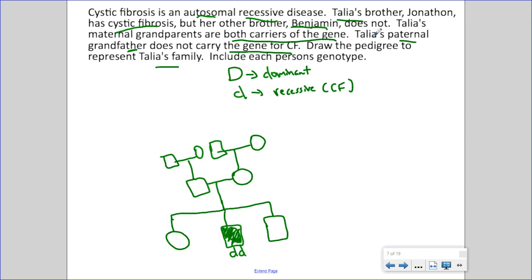We are also told Talia's maternal grandparents are both carriers, so we can give them a big D and a little d, big D and a little d.